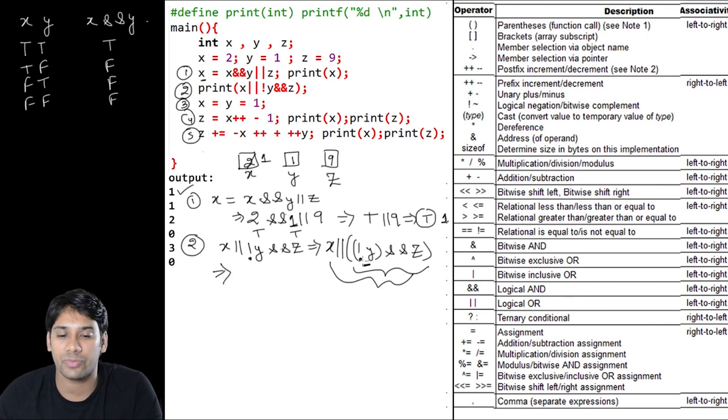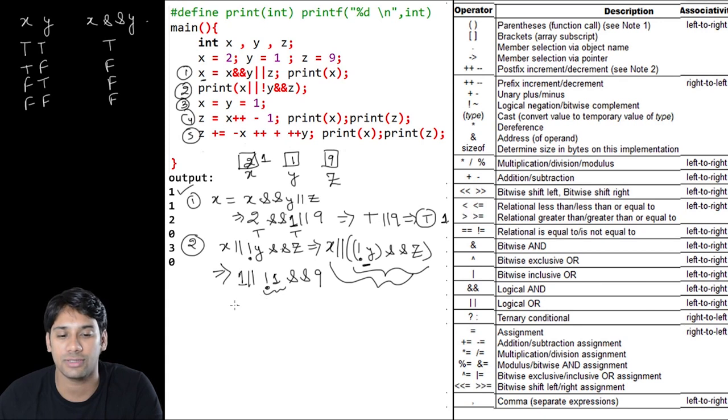So let us put the values. The value of x is 1 or not of y, so that is not of 1, and z is 9. So what is not of 1? 1 means true, so not of true is false.